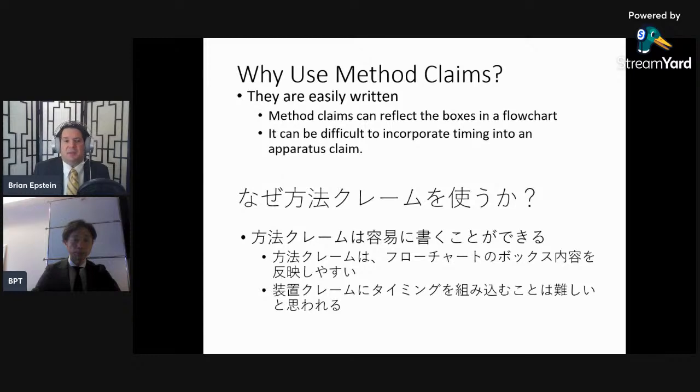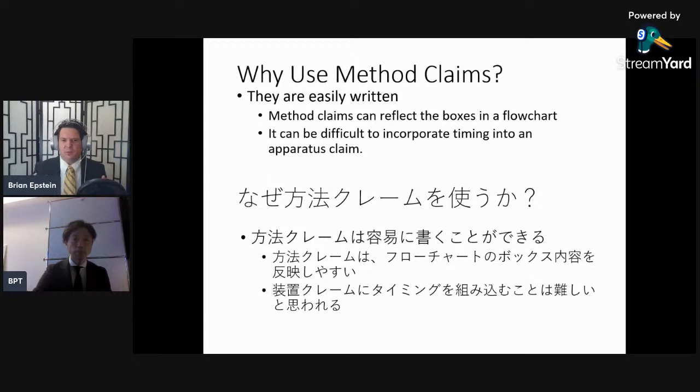In addition, your method claims are easily written. They can easily reflect the boxes in a flowchart. Pardon me for a second. So, for example, when you begin drafting a patent application, a common way to draft is to first draft the claims in the flowchart.